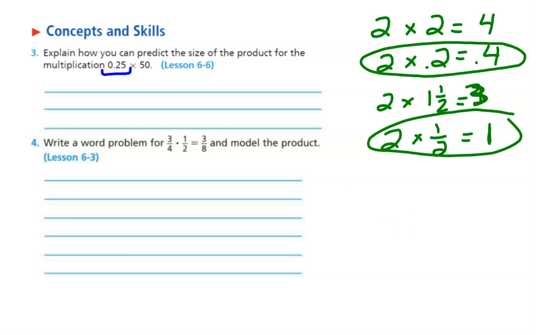So for this next problem, number 4, it wants you to write a word problem for 3/4 times a half. And I want you to think about what that could actually mean. I like to think about this one as like a pan of brownies. So let's say that I had 3/4 of a pan of brownies. I'll just go ahead and make it look like that. And I had 3/4 of those, right?